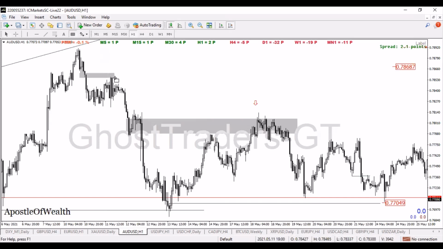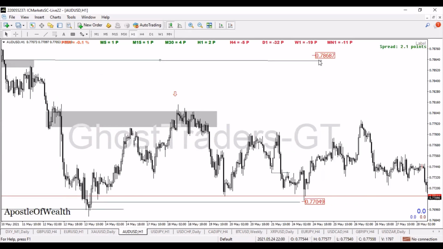So you get to see that there is a lot of imbalance that is actually here. Okay, so price needs to fill in this imbalance here. So there's a lot of imbalance that is here.